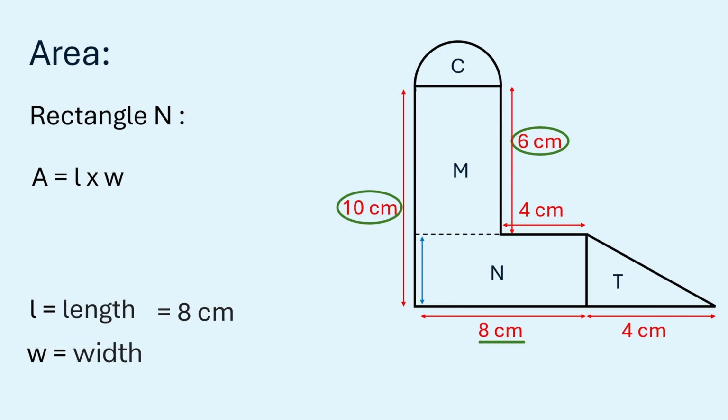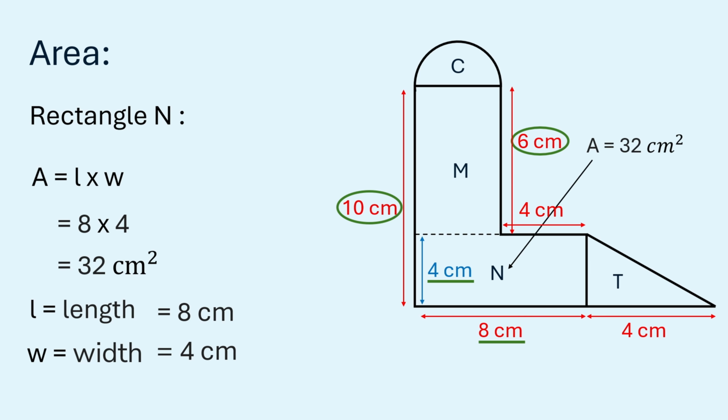Subtract rectangle M's length of 6 centimeters. So 10 minus 6 is equal to 4 centimeters. Therefore, width W is equal to 4 centimeters. Rectangle N's area is 8 centimeters times 4 centimeters, which is equal to 32 square centimeters.